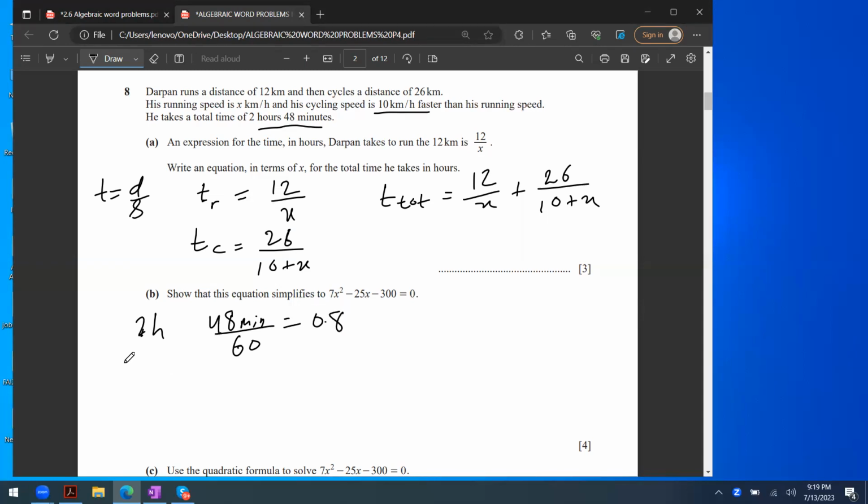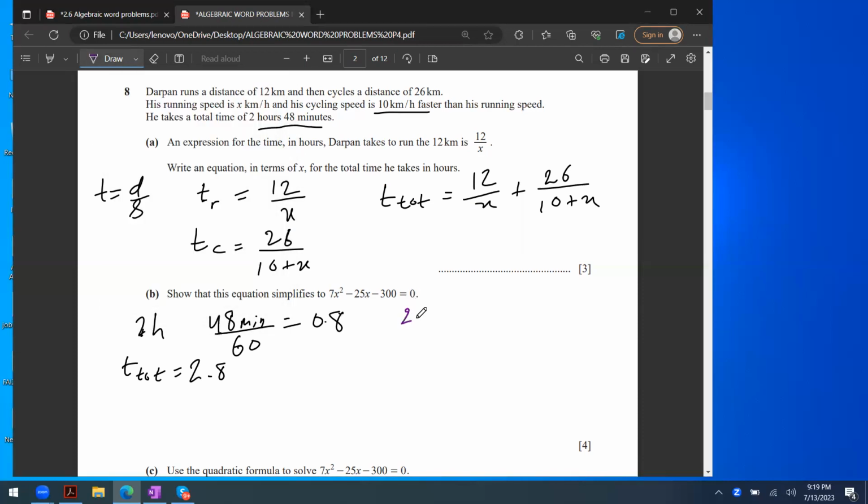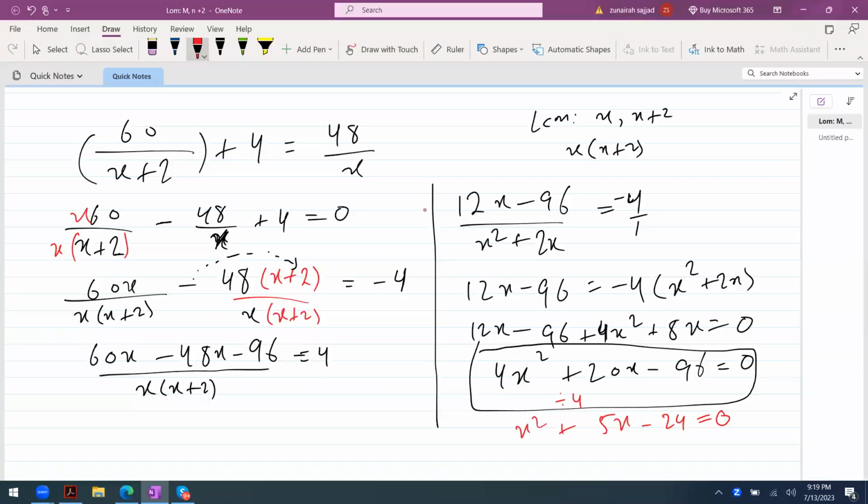So total time is 2 hours and 0.8 hours, 2.8 hours. So now our expression is 2.8 is equal to 12 over x plus 26 over 10 plus x. All right. So again, this is an algebraic fraction, and you need to apply this whole method again. Similar thing we will do one more time for this question.